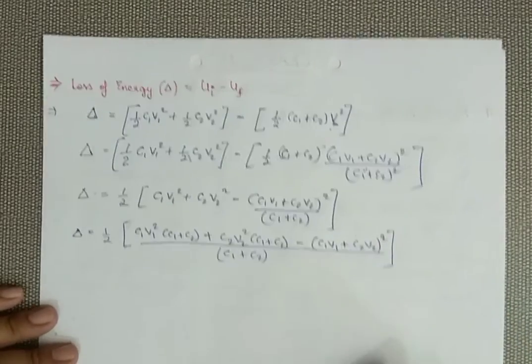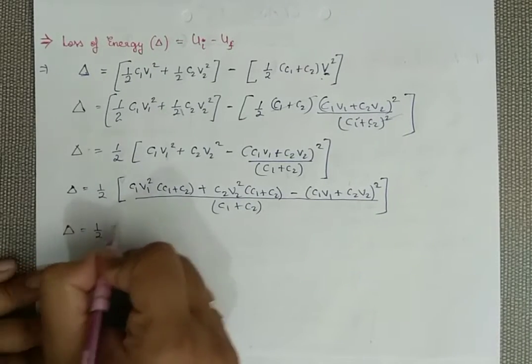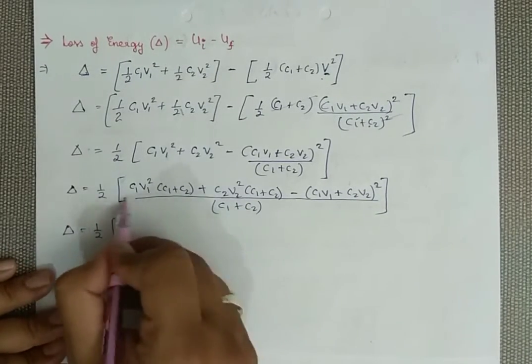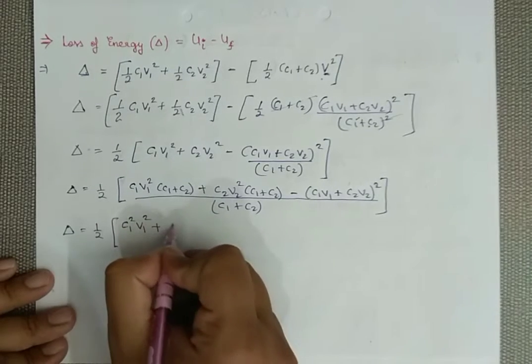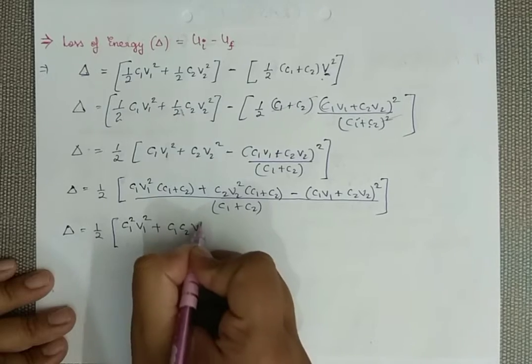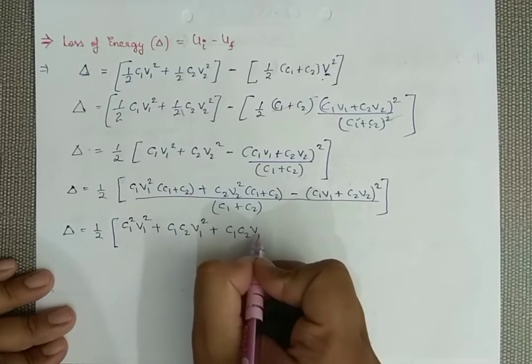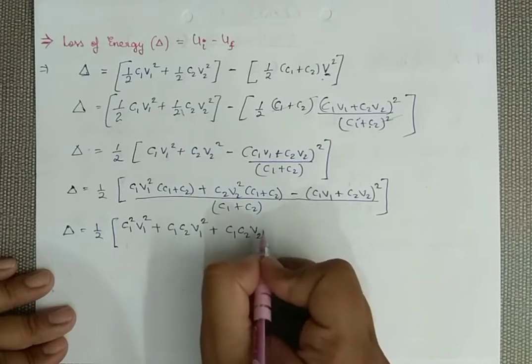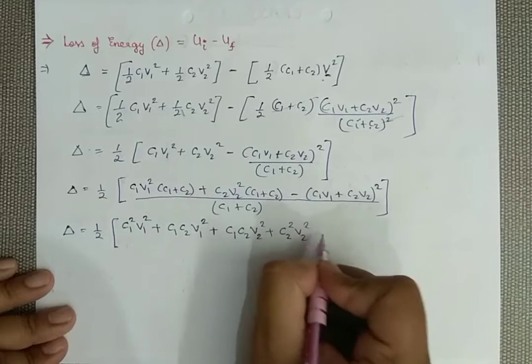So this is what I am going to get after taking the LCM. So now what? Open the bracket by multiplying this. So it will be C1 square V1 square, first term. Second term is C1 C2 V1 square. Similarly, open this bracket. It will be C1 C2 V2 square plus C2 square V2 square, minus.